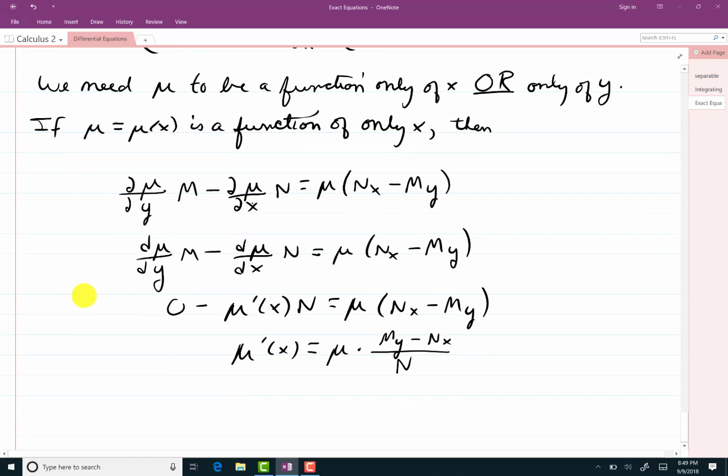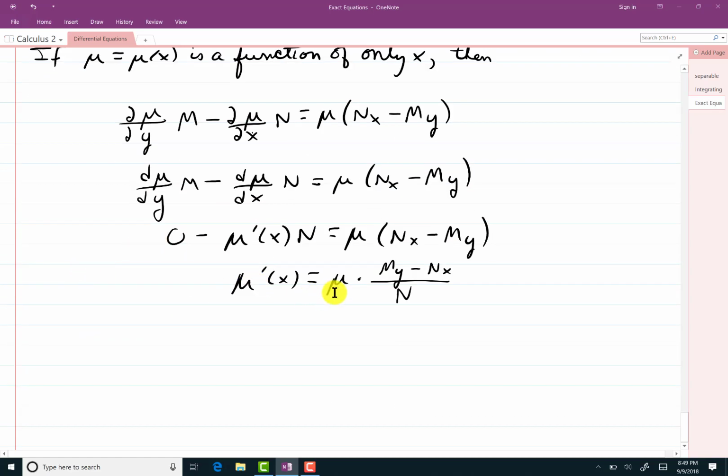So now if mu of x is to be a function only of x, this stuff here would have to be a function of x. So if m sub y minus n sub x over n is a function of only x, then I can take e to that dx.